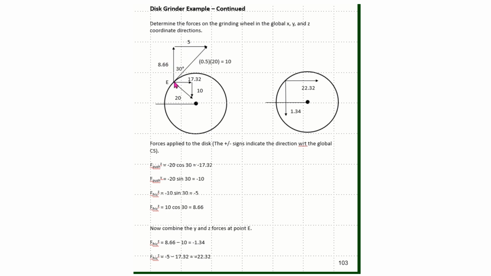Now I can come here to point E and sum all the forces in the X direction and sum all the forces in the Y direction to get the net forces that act at point E on my disc. I have not shown the 5-pound weight here on this member because I'm just focusing on the forces due to the applied 20-pound load.